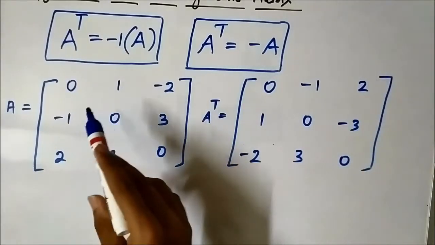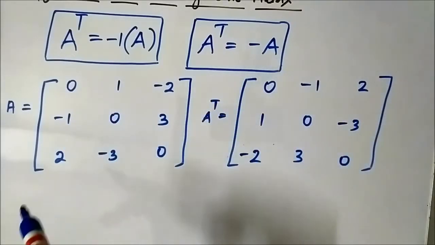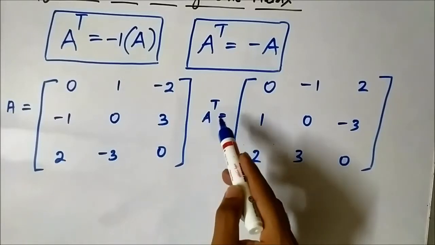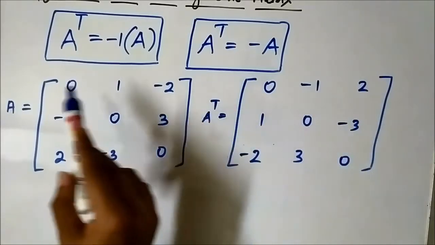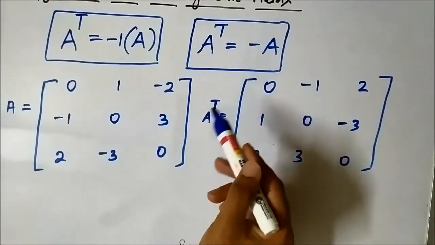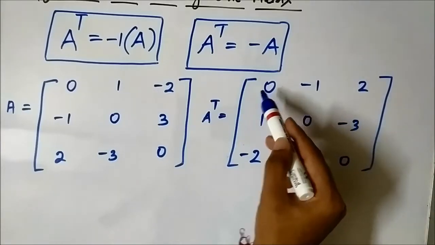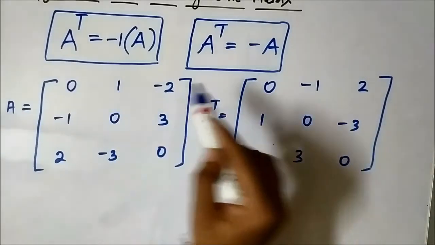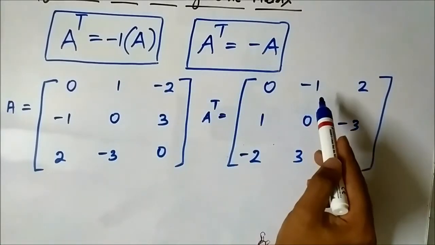As you can see, if you compare both the matrices element by element, in the transpose matrix each element is multiplied with minus 1 with respect to the original matrix. So 0 will stay as 0 because multiplication of 0 with anything yields 0. Here it is minus 1, meaning it is multiplied with minus 1.